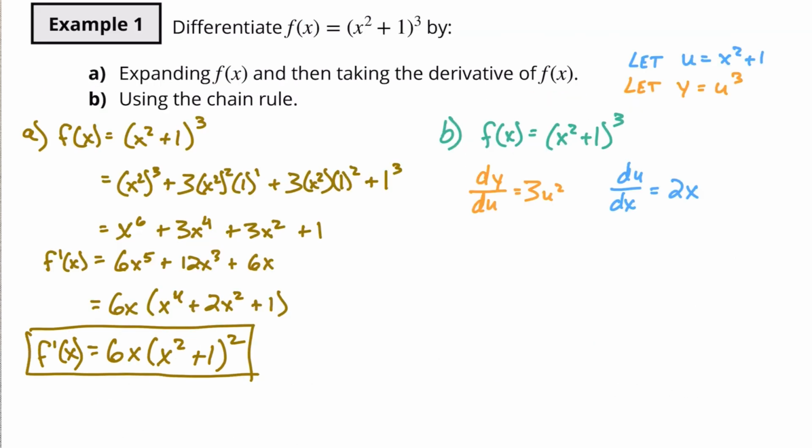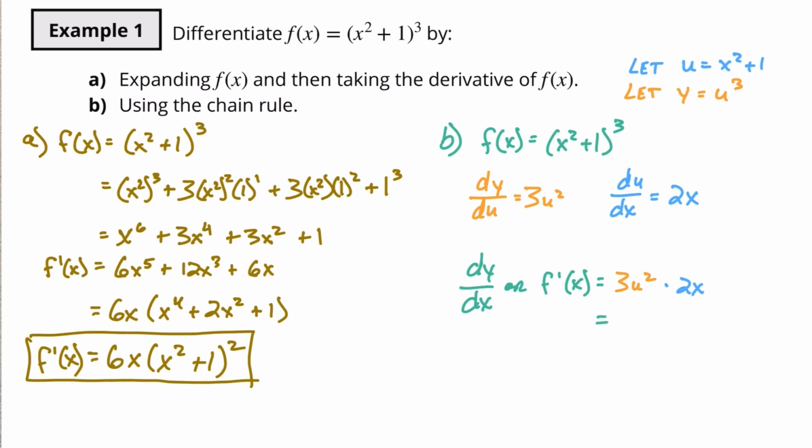So ultimately, we have dy/dx, or f prime of x, equals 3u squared times 2x. But here we don't have any u's. We're talking in terms of x, so I'm going to put my u function back in here.